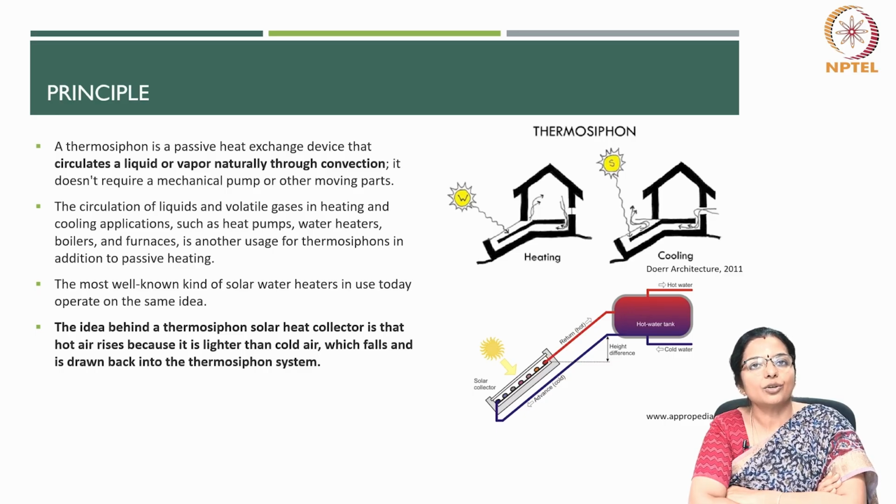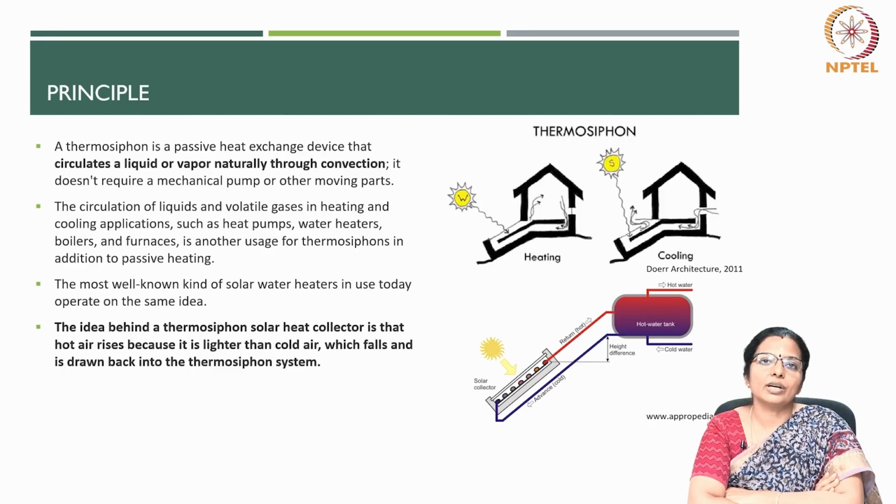The circulation of liquids and volatile gases in heating and cooling applications such as heat pumps, water heaters, boilers and furnaces is yet another usage for thermosiphons in addition to passive heating. The most well-known kind of solar water heaters in use today operate on this idea.